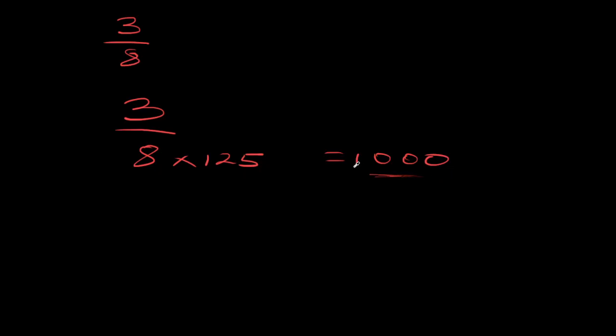When we have a denominator like this, it becomes really easy for us to work with. So remember what we're going to do next? I said whatever you did to the denominator, you do the same thing to the numerator. For the denominator, we multiplied by 125, so we multiply the numerator also by 125. What is 3 times 125? That should give us 375.